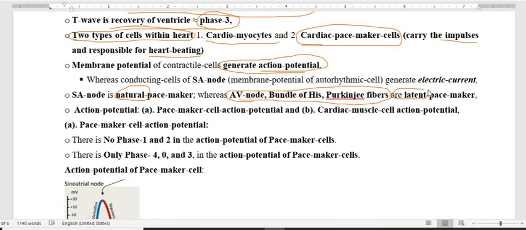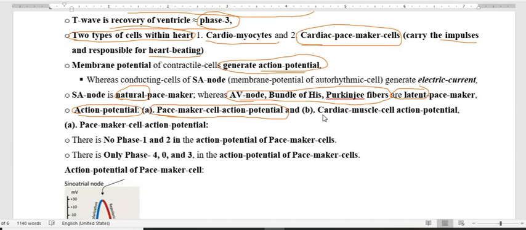As we mentioned, the action potential generated in the heart is of two types, because it is generated in two types of heart cell. One is the pacemaker cell, and its action potential is called the pacemaker cell action potential.